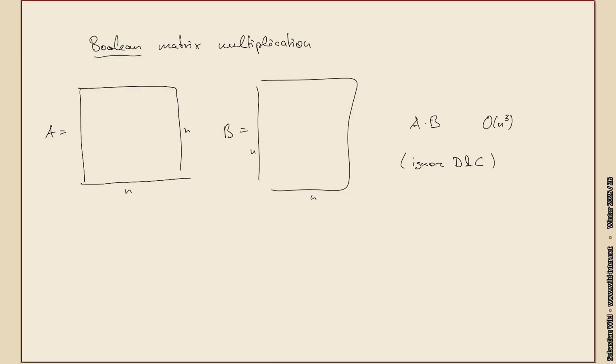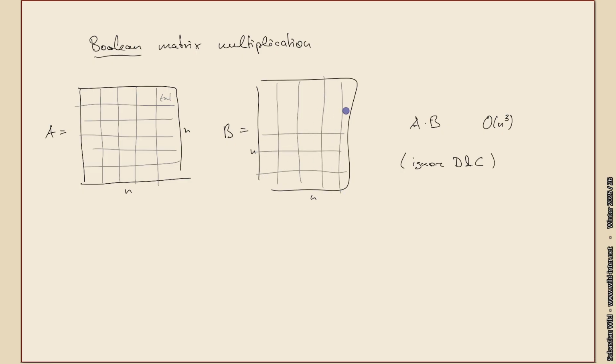What you can do is split the matrices into small submatrices. I'm going to assign these a size. So this is a T by T submatrix, and we'll pick T later. It's supposed to be square.